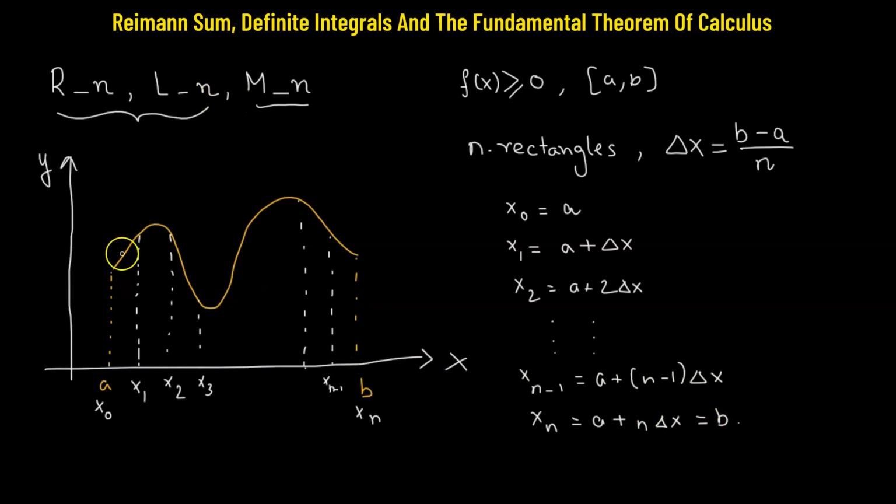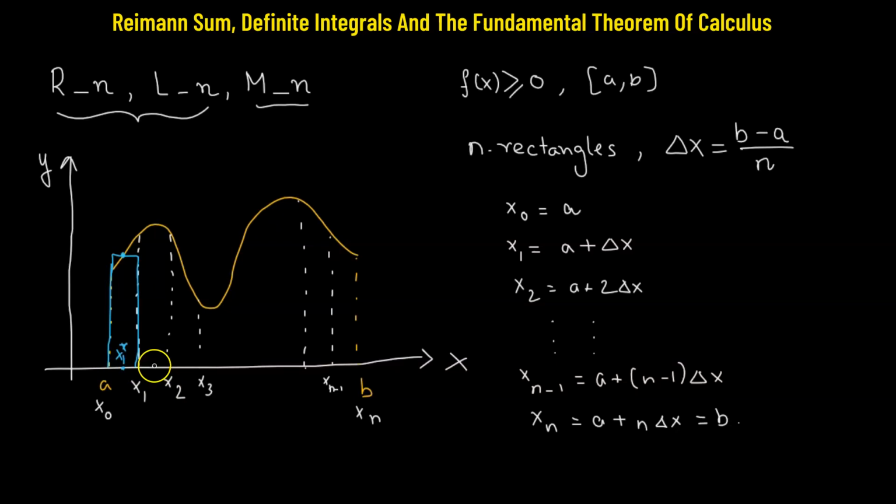Now we'll consider the endpoints x0 and x1 and a new point somewhere in between x0 and x1, which we call x1 star. We will draw a rectangle such that it passes through the point x1 star. This is the first rectangle.